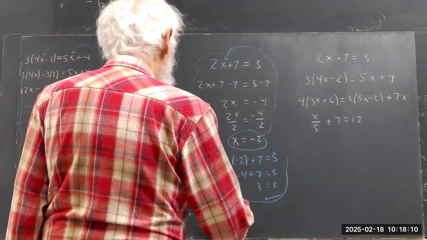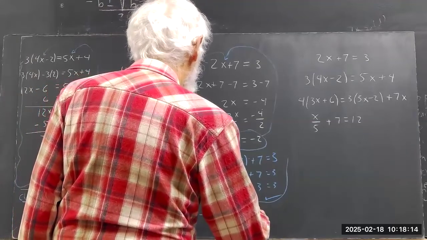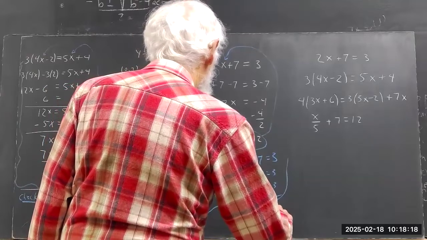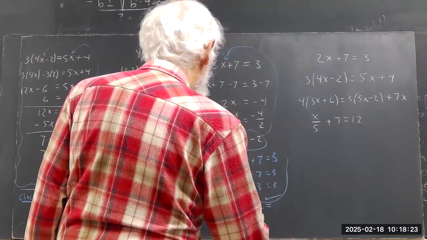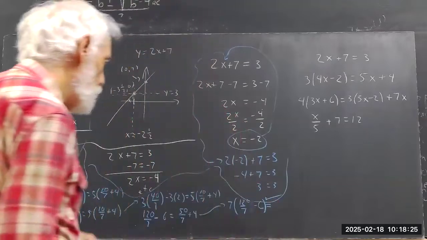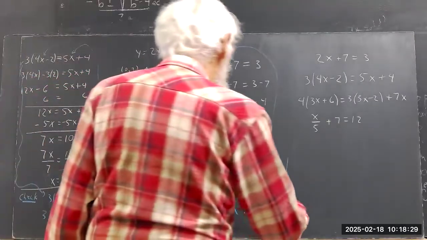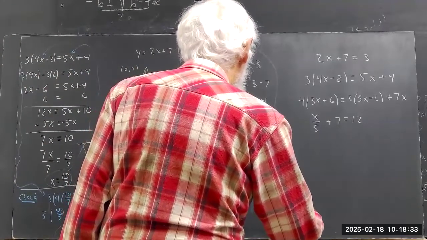So over here, I do 7 times 120/7 minus 6. 7 times the whole thing, 7 times this side equals 7 times this side.